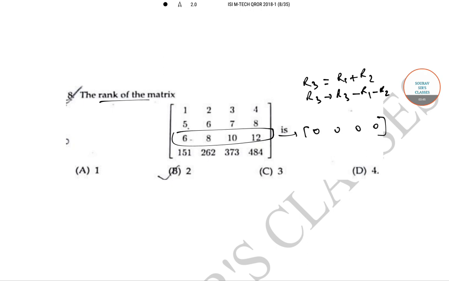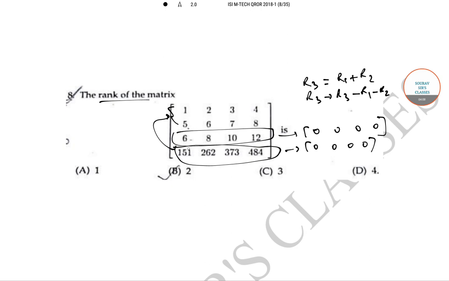This row becomes all zeros. And it might be possible that the fourth row is a combination of the first two rows. If this is possible, then this would also become 0, 0, 0, 0, and we'll get the rank as 2.